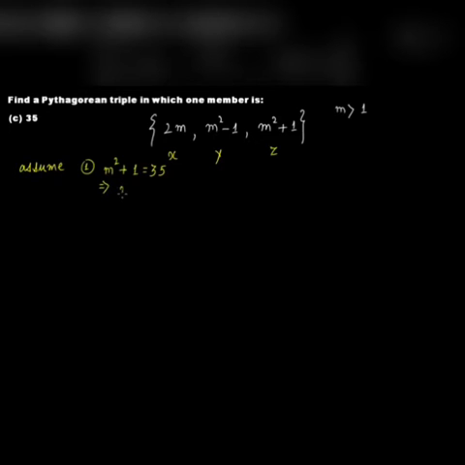From here you get m squared is equal to 34. Now if you put m is equal to 5 here, you get 25, not equal to 34. If you put m is equal to 6, 6 squared means 36, again not equal to 34.